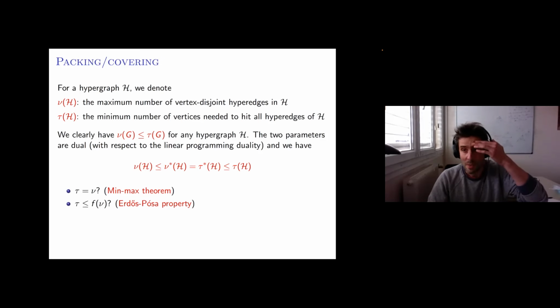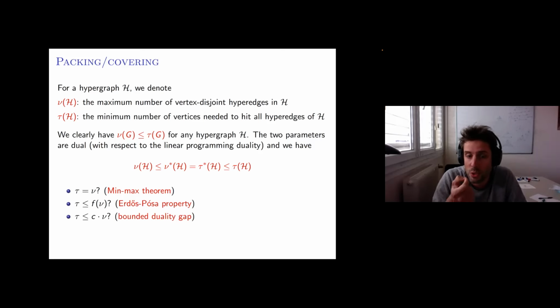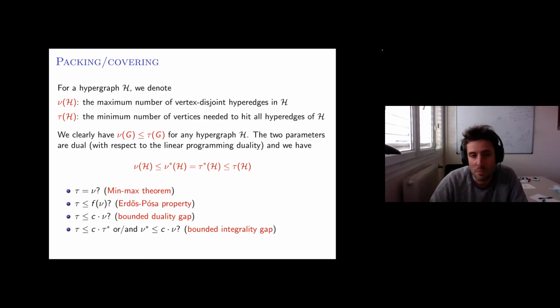If you have this, sometimes you might be even happier if you have a stronger relationship between tau and nu. One such example is when tau is bounded by a constant times nu. Usually you say that the duality gap is bounded. And this is very useful in algorithmic design. Sometimes you're not that lucky, but you can still be happy if tau is close to tau star, or nu star is close to nu.